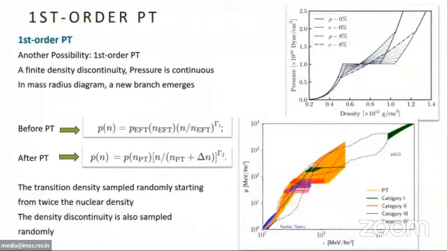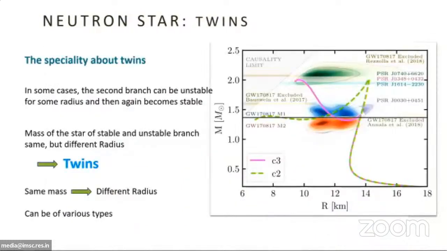When the collapse takes place, what decides at what radius it will settle? There are two radii available. You have the same mass but different radius. Exactly.